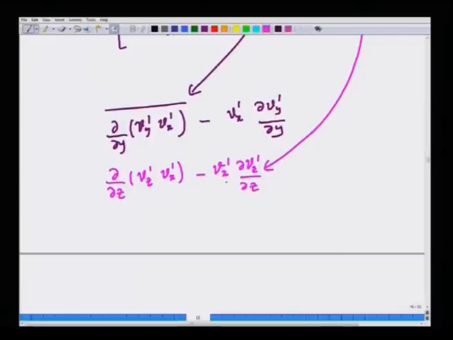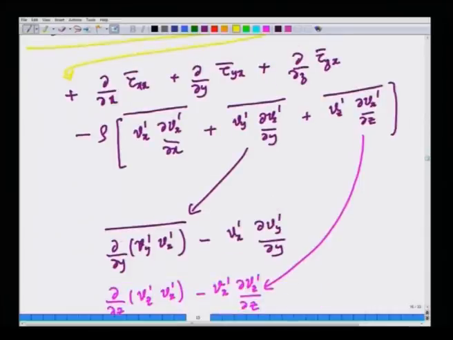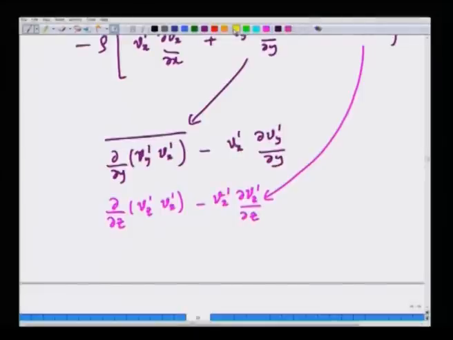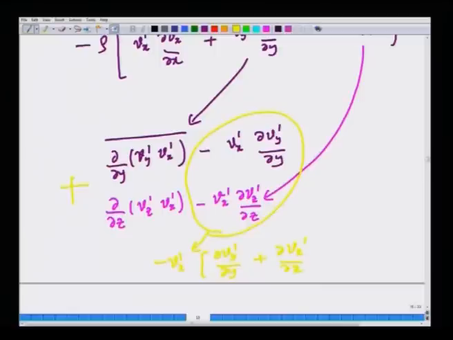Now, if I combine these two, these must be added. If you remember, these two terms are added. If I combine them, they will be minus V x prime times partial V y prime by partial y plus partial V z prime by partial z.